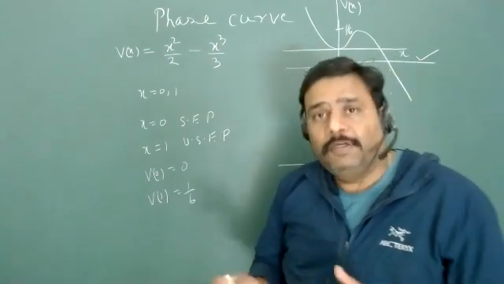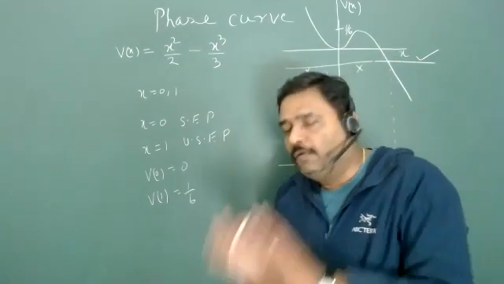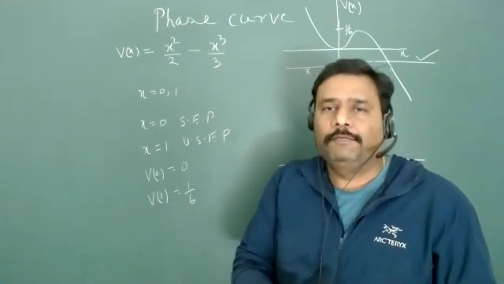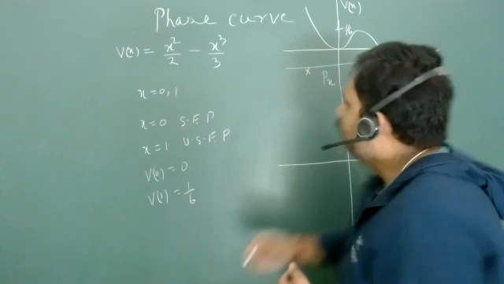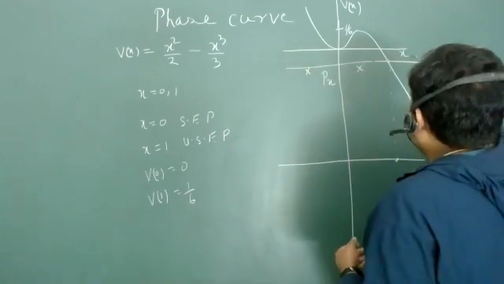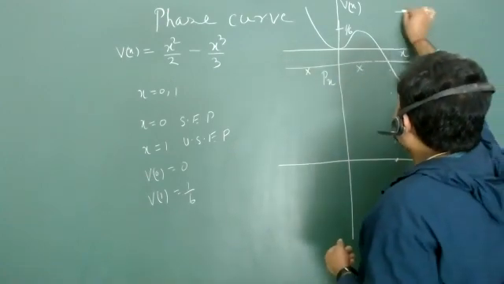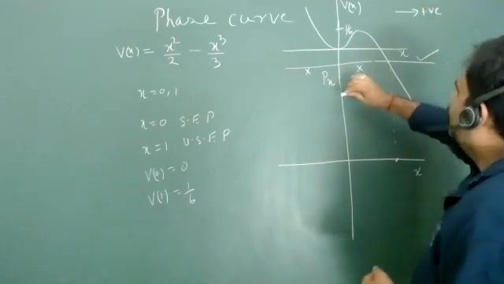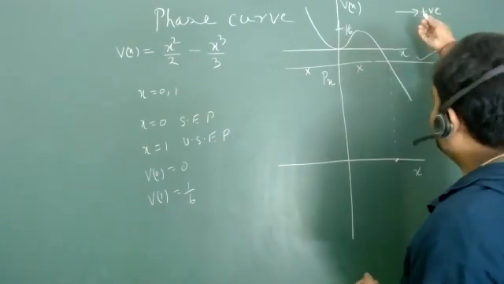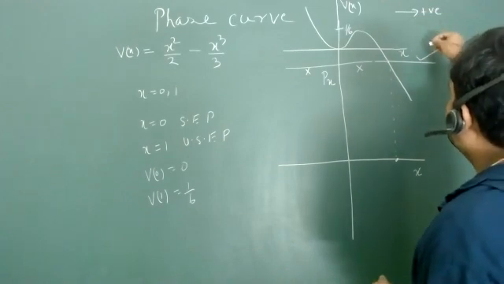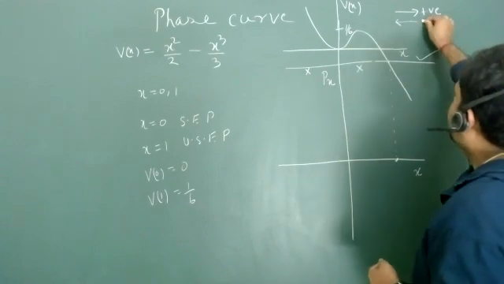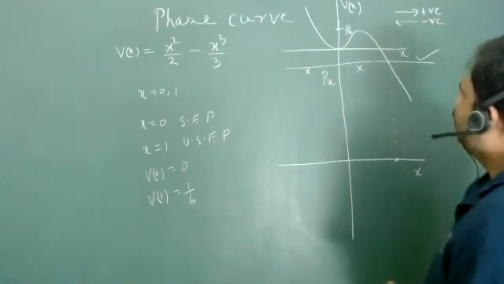So there are two different types of motion, and both must be plotted in my phase curve. If I am moving away from this potential, I have to take momentum as positive, because this is my sign convention, generally taken by everyone. Motion in the opposite direction will be my negative momentum.